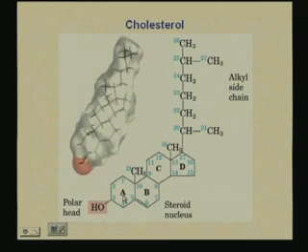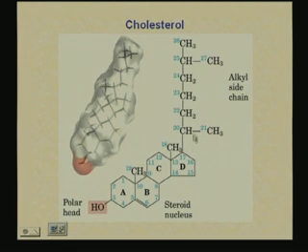We have 4 fused rings, A, B, C, D. There are 3 six-membered rings and D is a 5-membered ring fused with ring C. Now, this is the polar head, the OH, and the rest is the alkyl side chain and the steroid nucleus. This forms the part of every steroid. This is the steroid nucleus.